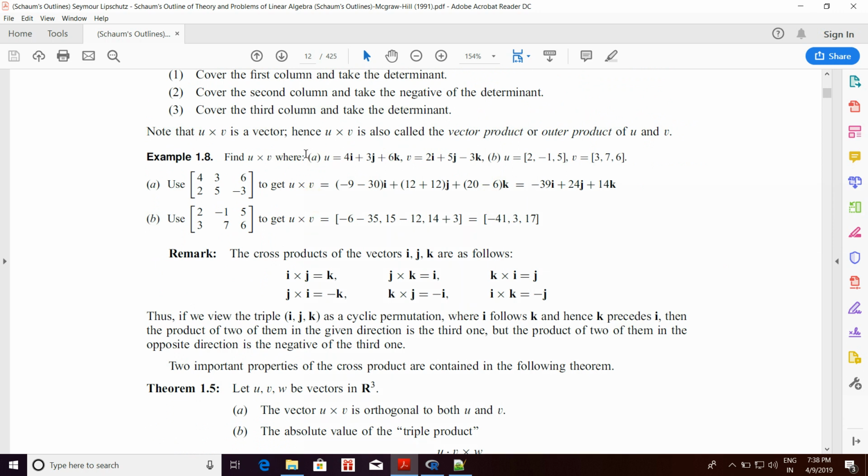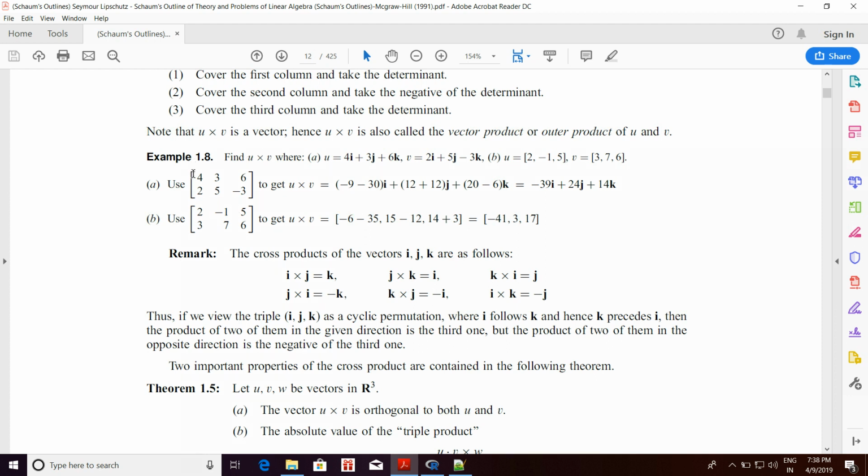So first suppose I have a u vector and v vector, and we can write them in a matrix form like this. In order to get u cross v, we write the cross product u cross v. Then we actually calculate the determinant of that matrix.